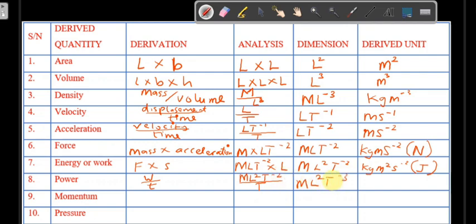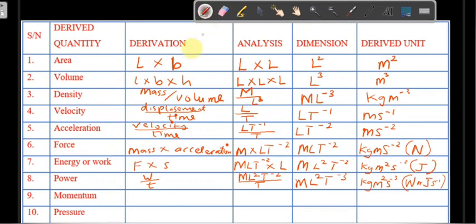So the unit will be kilogram for mass, meter squared for L squared, then seconds to the minus 3 for time. This can just be written as watt or joules per second. So 1 watt is 1 kilogram meter squared per second cubed.